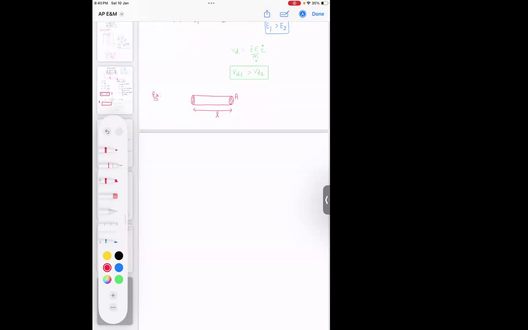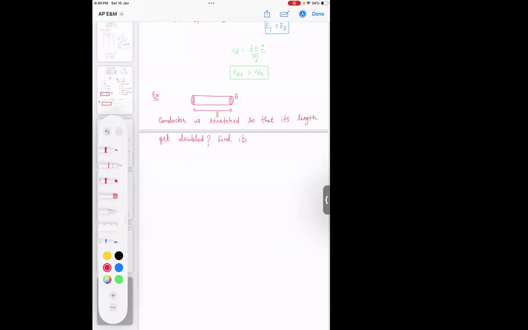The conductor is stretched so that its length gets doubled.